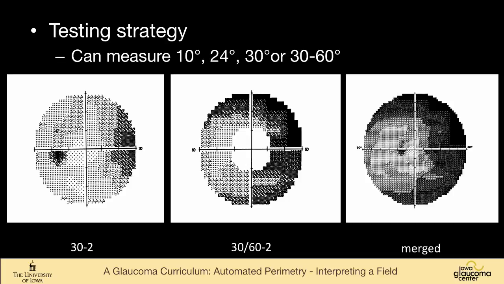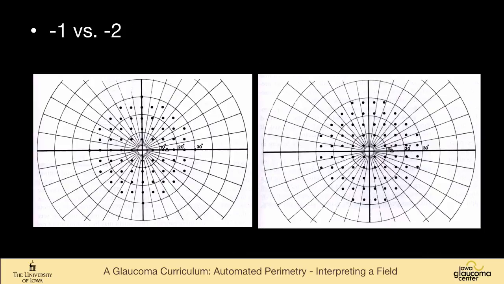There are a lot of issues with rim artifact, and also in a field like this is a tremendous amount of time for the patient to do this field. But you can take any fields and merge them to develop more of an area studied or a more dense coverage of an area of interest.